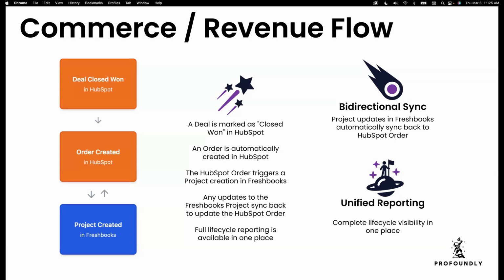It makes a lot of sense to keep your deal and your quotes and all of that information separate from the order, because if I were to ever want to, say, expose this as a customer portal to a user, now I have an order object which is describing what's going on, and it lets me unrelate the sales motion from the delivery motion, which I think is super helpful. So we're doing a bidirectional flow, which gives us that unified reporting we're looking for, and yeah, kind of cool.